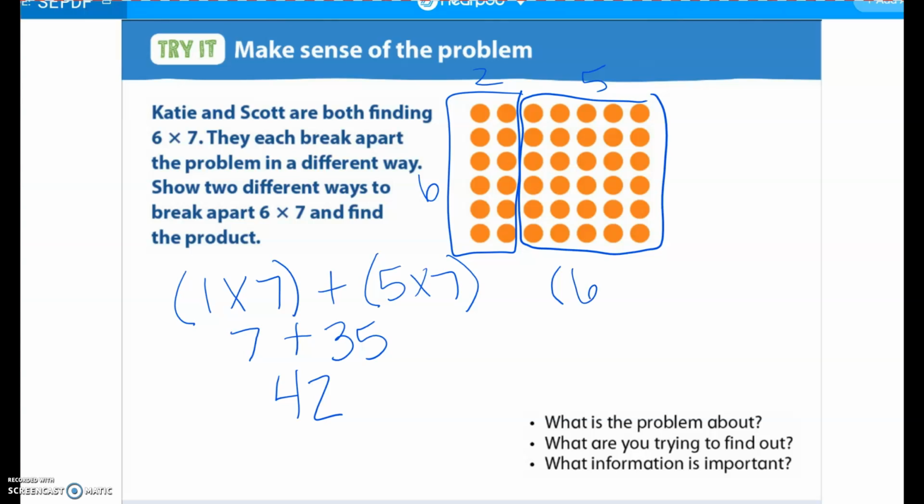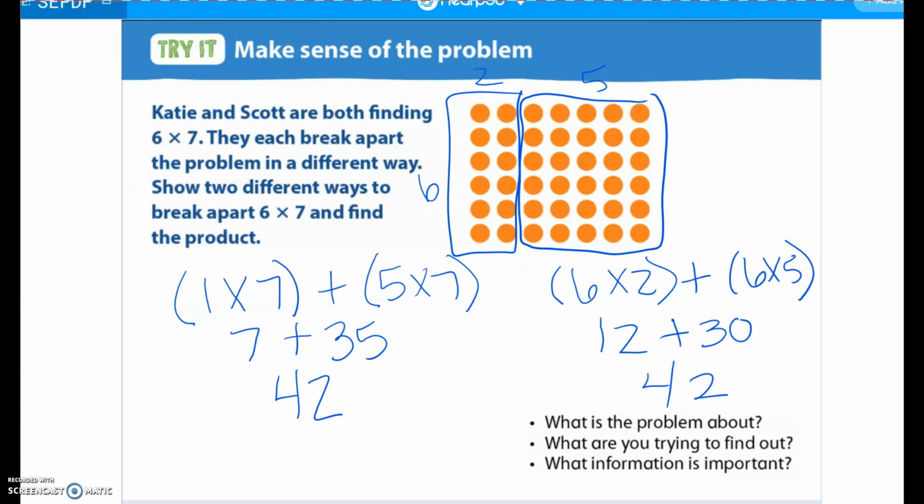We'd have 6 times 2 and we would add that to 6 times 5. 6 times 2, we can just double the 6, so 2 6s is 12. 6 times 5, we count by 5 6 times: 5, 10, 15, 20, 25, 30. Then we can add the 1s and the 10s and we get 42. So either way, we got the same answer.